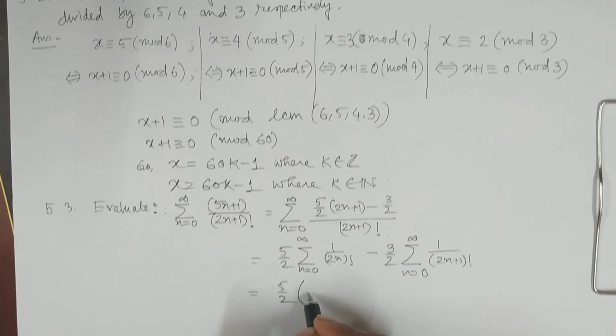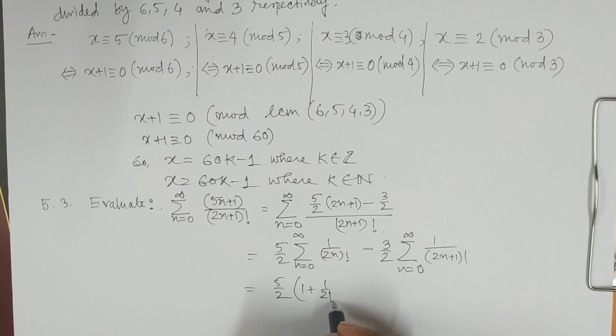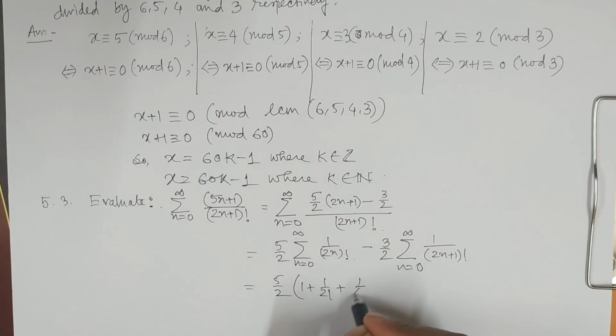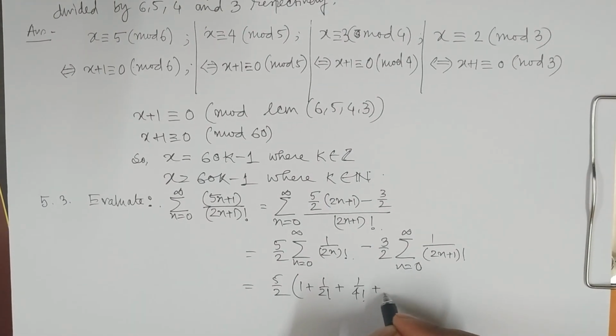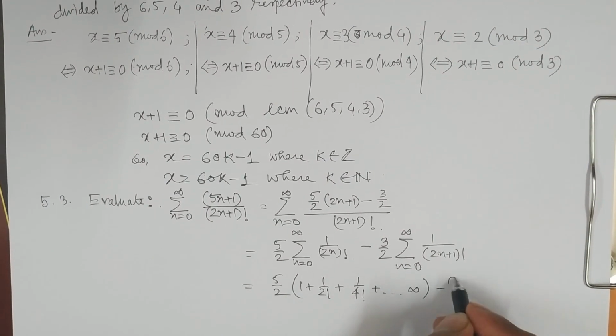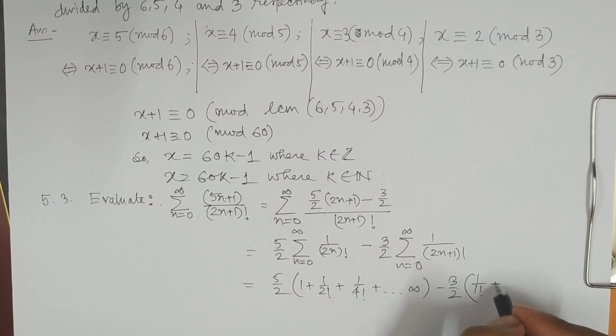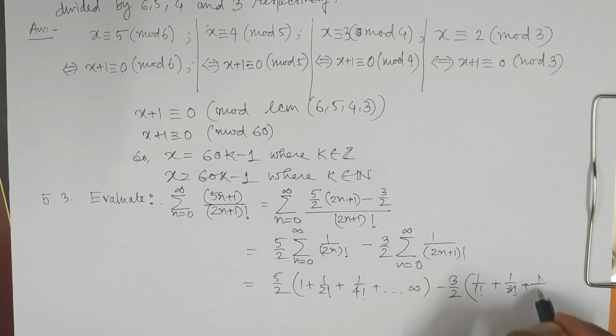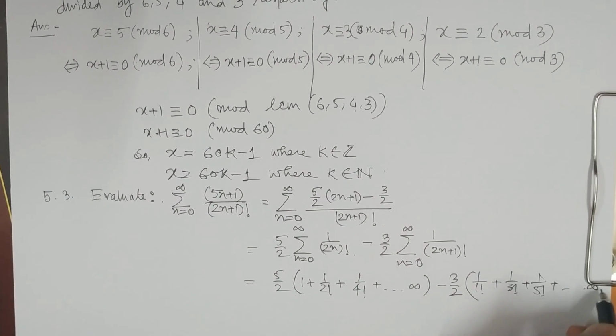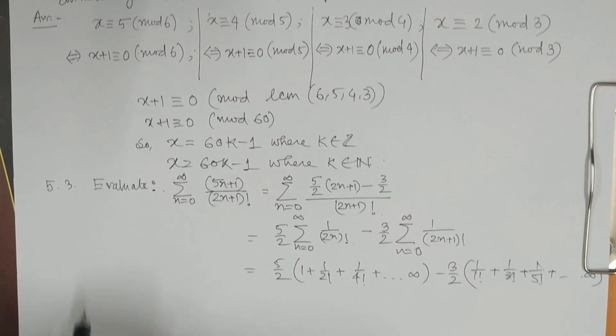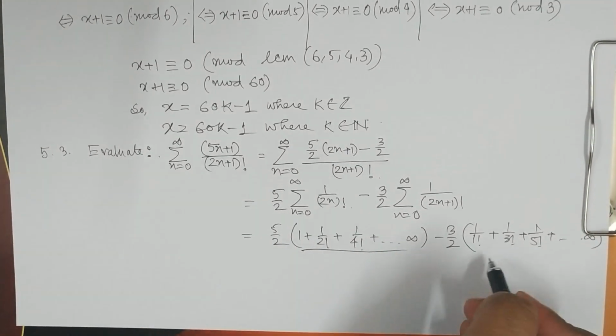And this is basically the sum of the reciprocals of even factorials to infinity, and this is the reverse one, the sum of reciprocals of odd factorials. And how do we solve that? Find the value of this and this.